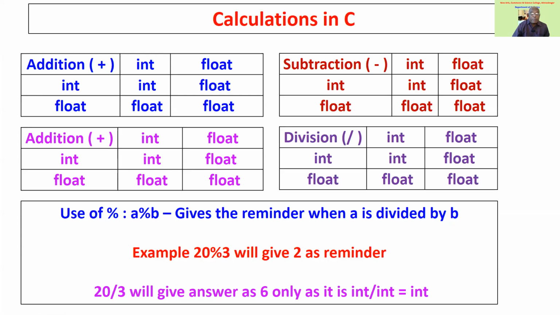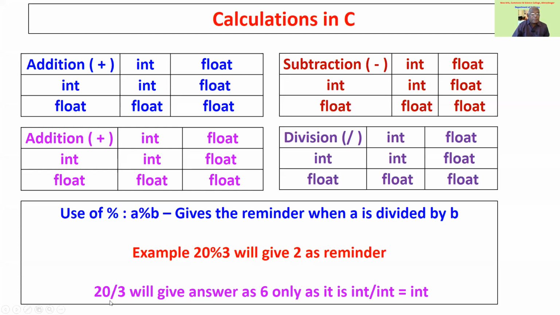So this % will give you not the division, but how much remainder is left. The remainder is given by the percent sign. So 4 is the answer of 22 % 3, which is the remainder.